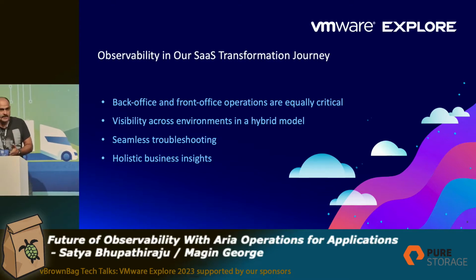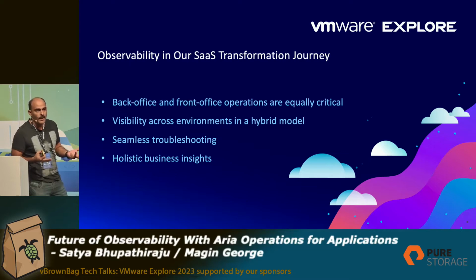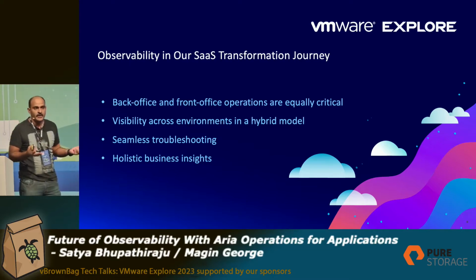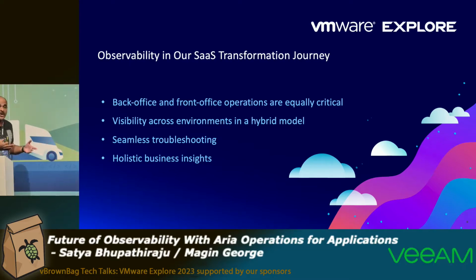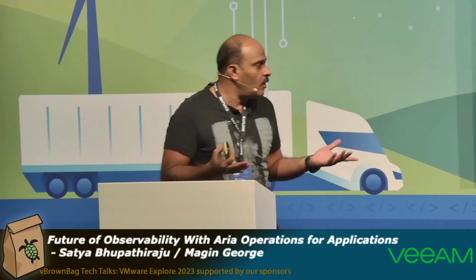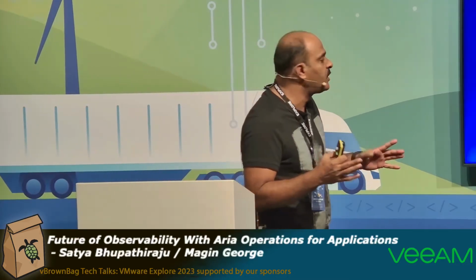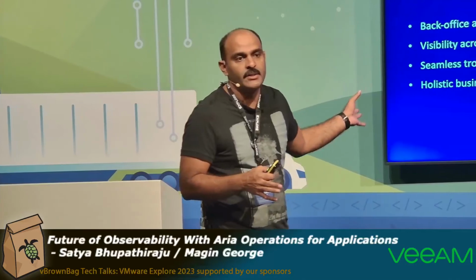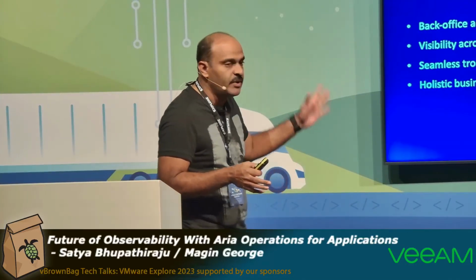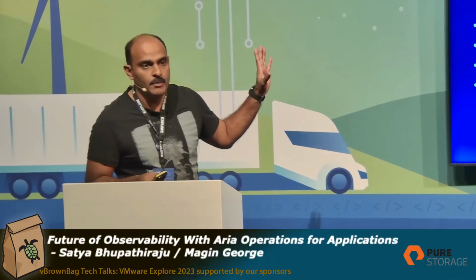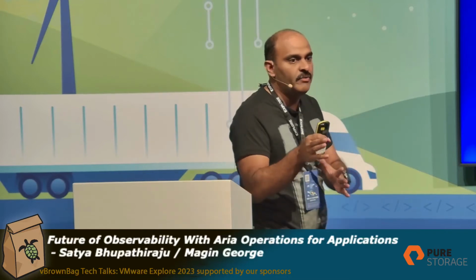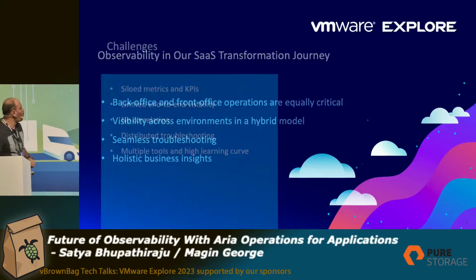It can be user behavior. It can be revenue trends. It can be product usage. So another core requirement was to capture these business insights from the system. Okay, so these were our core considerations when we were going with observability.